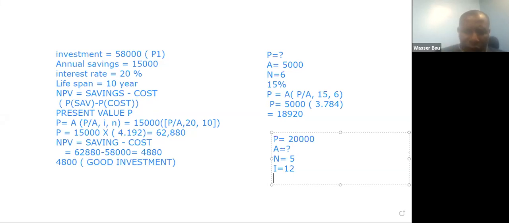Okay, so now we are looking for A, and we are given P. At A over P, that's the factor in our interest table, at 12% for 5 years.